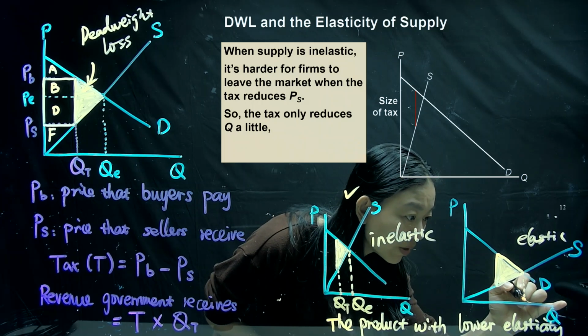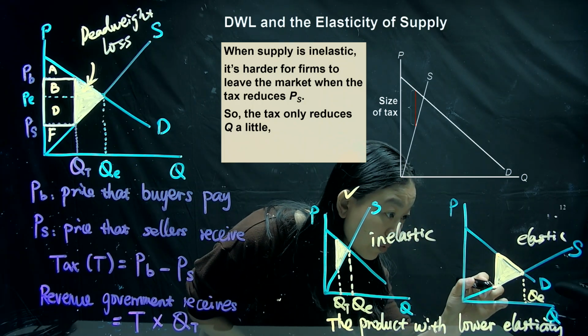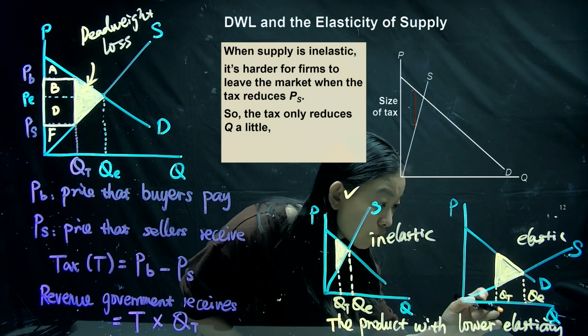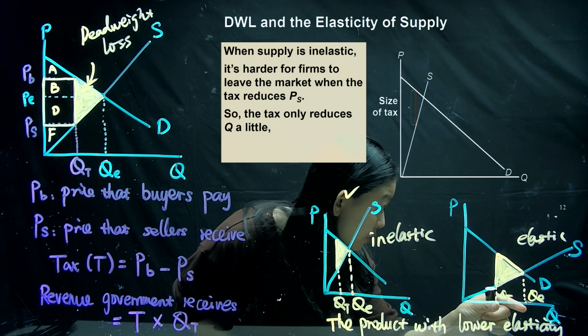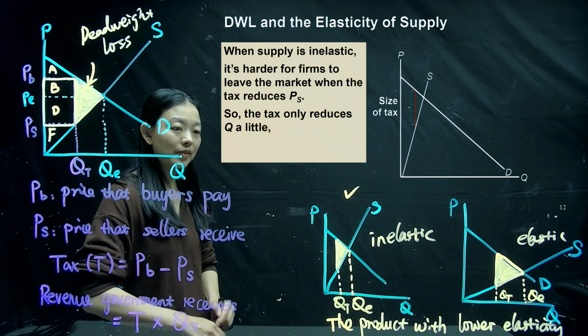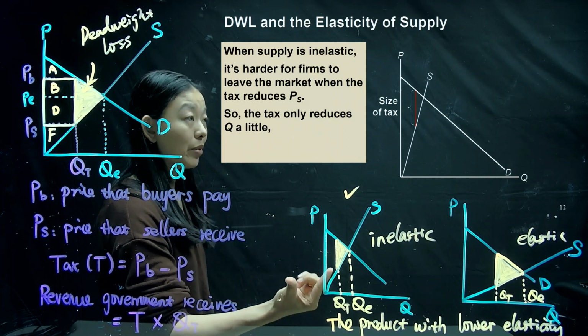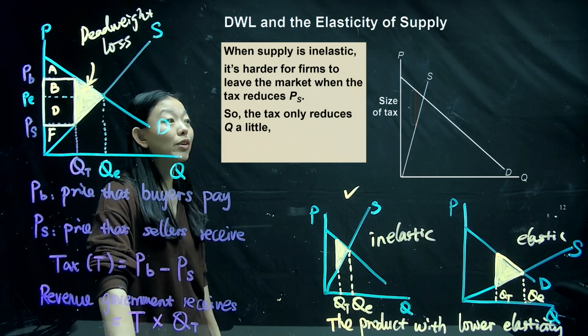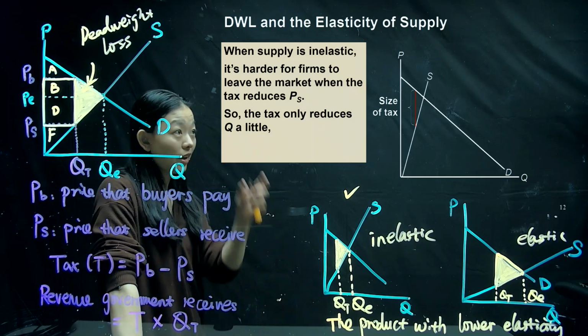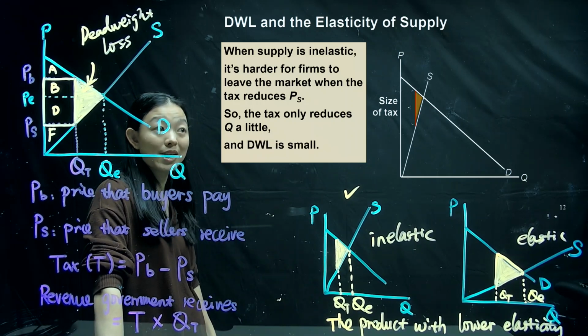But you can see from this one, this is our equilibrium quantity, but after imposing tax, the quantity decreased by this big distance, right? Therefore, when the supply is inelastic, after the government imposes tax, the tax will only reduce the quantity a little bit, which will result in small deadweight loss.